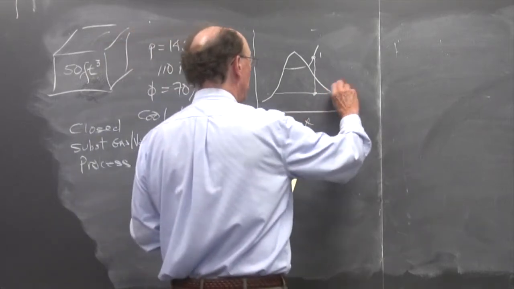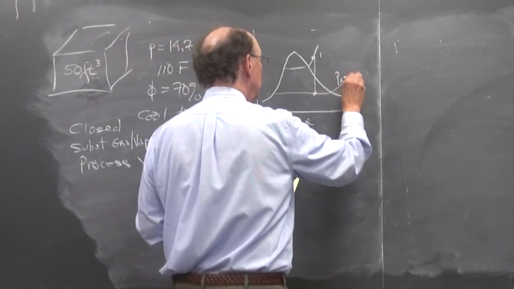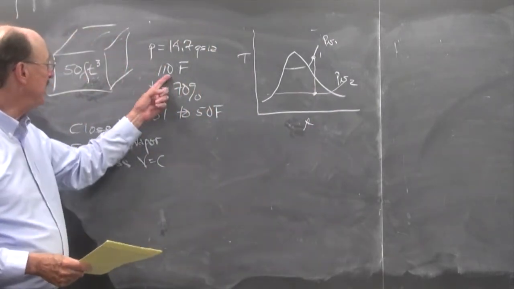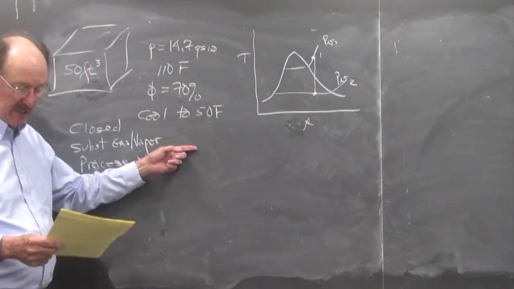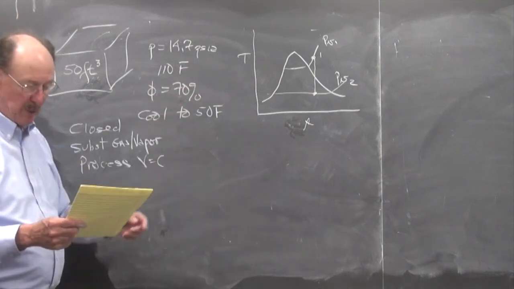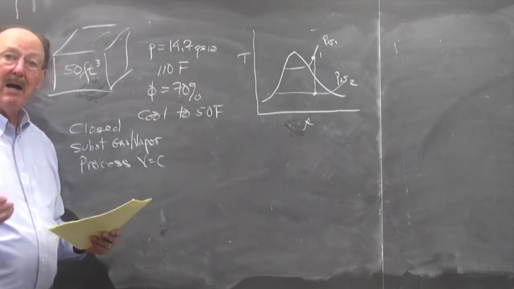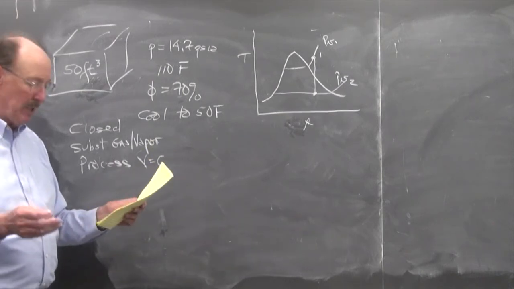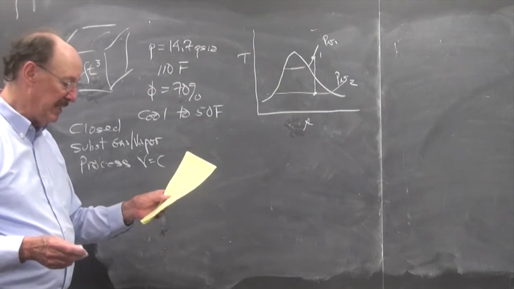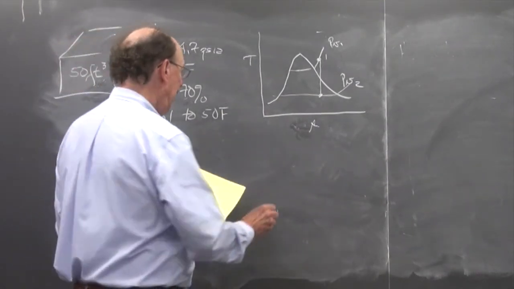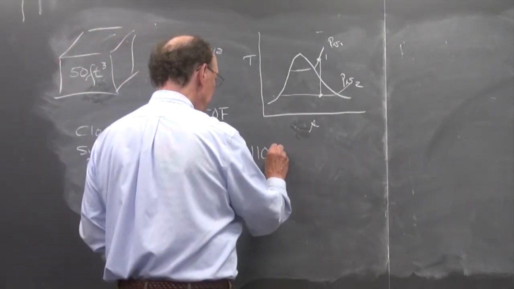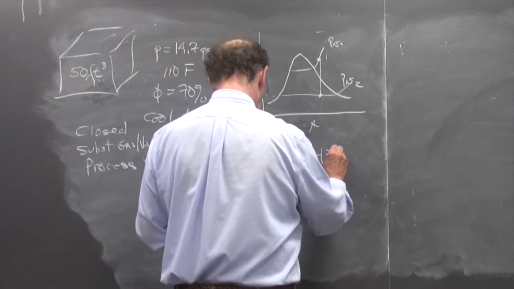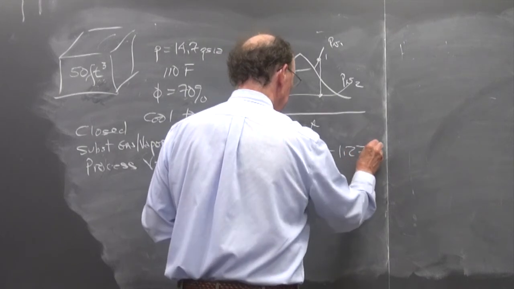And so this is our line PV2, PV1. I know if I start off at 110 degrees and 70%, condensation will occur, and this becomes part of the process that we look at. Now we want to find the properties at state 1 and state 2, and to do that we need to find the pressure. At 110 degrees Fahrenheit, Psat is equal to 1.278 psia.